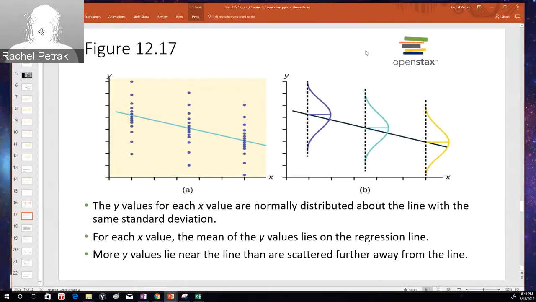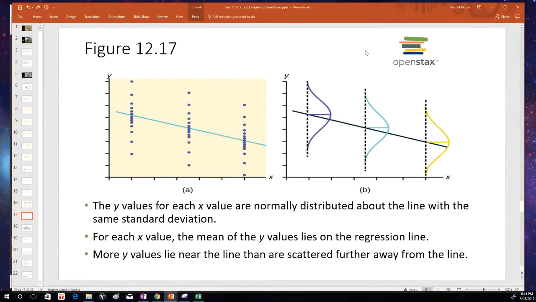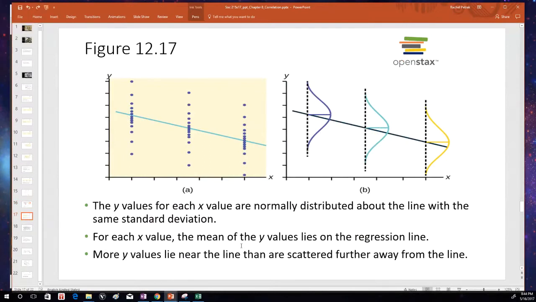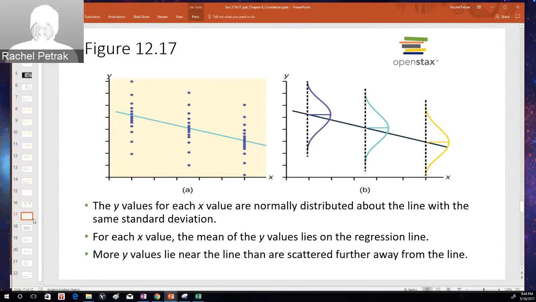We just can call it the regression line, to ease into our terminology. And you can see the y values get further and further out. So you see this illustrated.